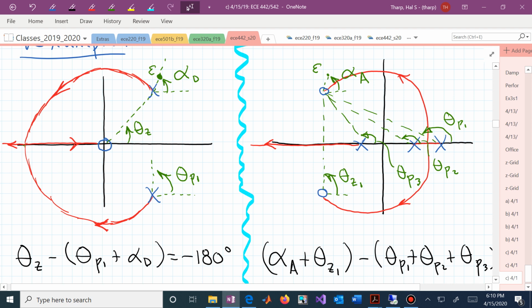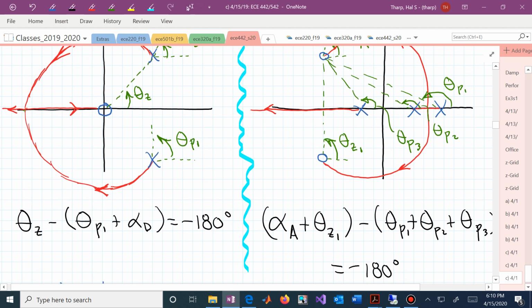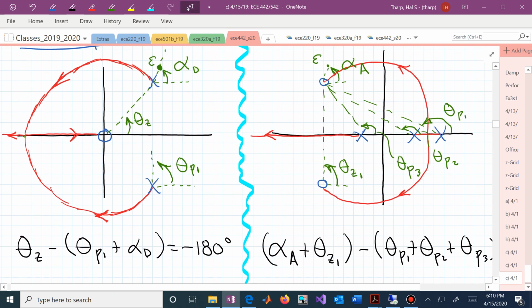If I do that here, let's just sort of eyeball some of those angles in this scenario. And alpha sub d is the angle that takes me from this positive real line segment to a point on the root locus. That's the definition of alpha sub d. That needs to be my angle.